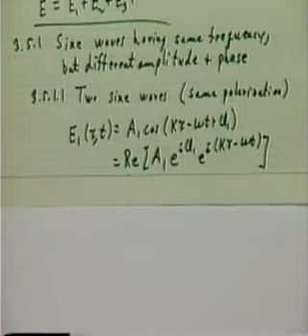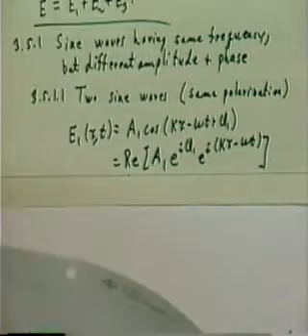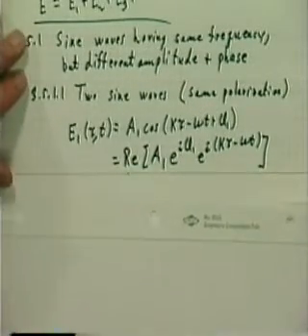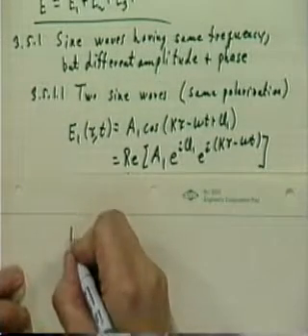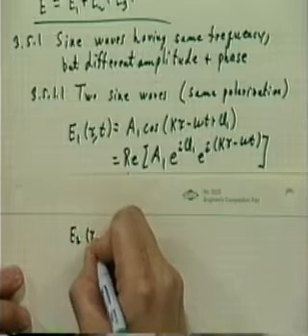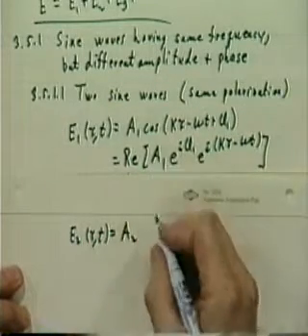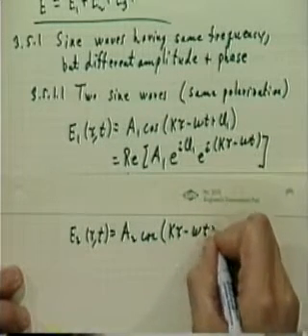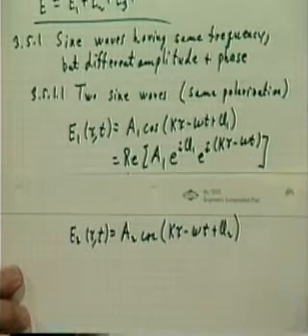It's kx minus omega t for phase, plus some initial phase phi 1. Now the second sine wave, we will write here: E2 of x and t is A2, a different amplitude, cosine kx minus omega t, same frequency, but a different phase, phi 2. Okay?